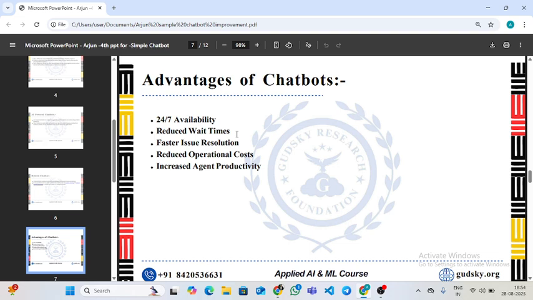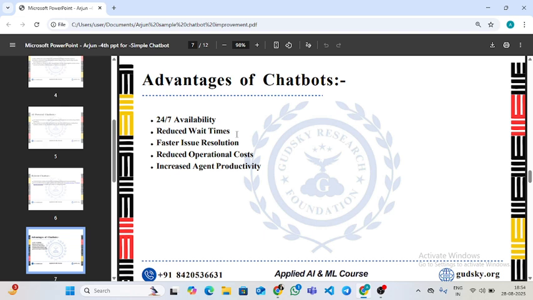Faster issue resolution: as I told you, it is faster, responding in nanoseconds. It also reduces operational cost, meaning the charges you always spend on maintenance, and it increases agent productivity. So these are the advantages of chatbots.